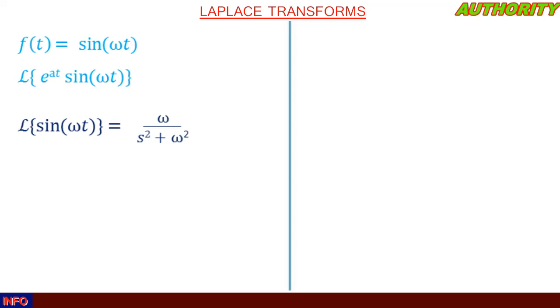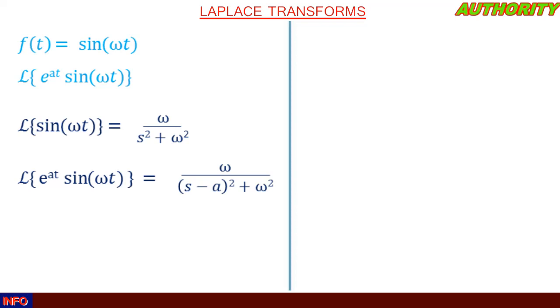Good. That means the Laplace transform of e raised to the power of at sine omega t is going to give us omega all over s minus a squared plus omega squared, given that s is greater than a. Okay, now let's go. Let me take an example. Let's take an example to explain this further, right?